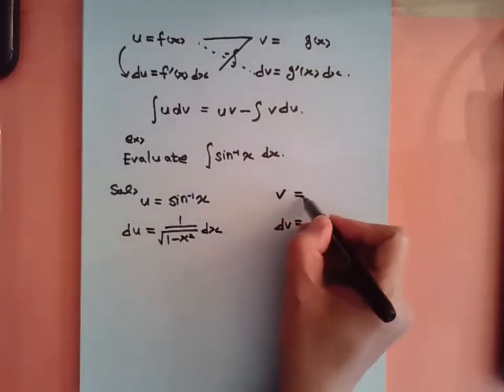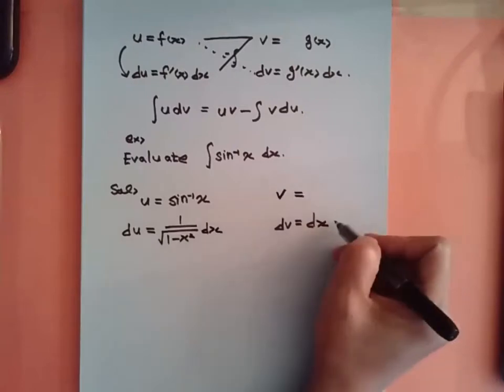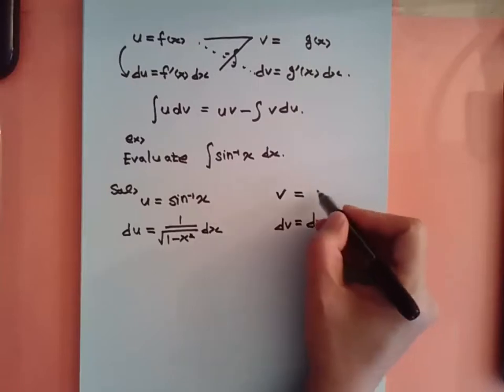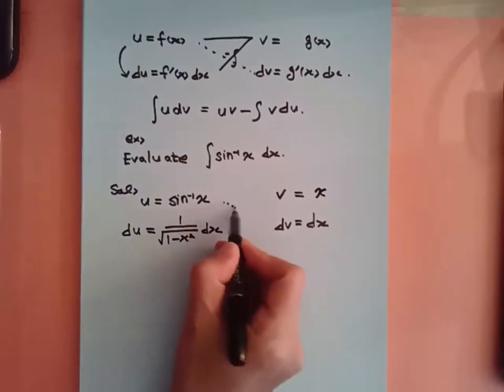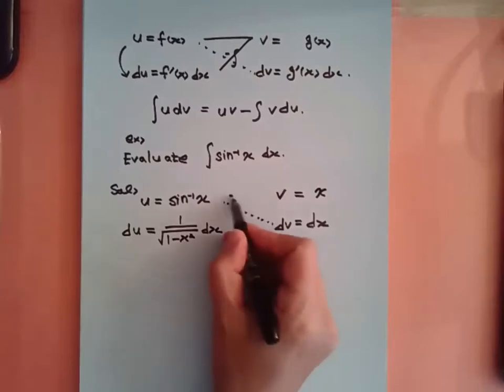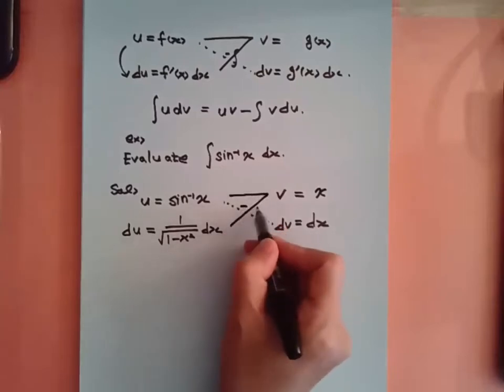And v is the integration of 1, which is x, right? So we start with this, and then the formula went like this.